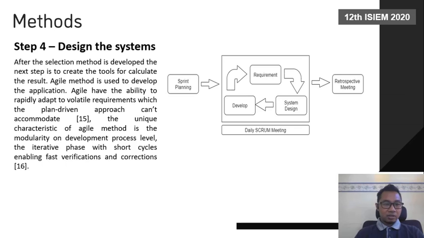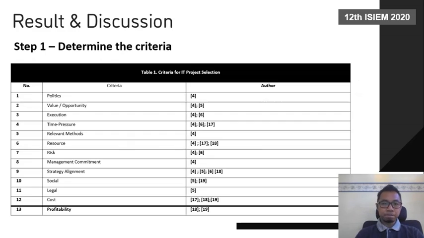The unique characteristic of the Agile method is the modularity of the development process level, and the iterative path with short cycles enabling fast verification and correction. This is our system design: sprint planning, and inside it the daily Scrum meeting, requirements, coming to system design and development, and then recycle it until we meet the retrospective meeting.